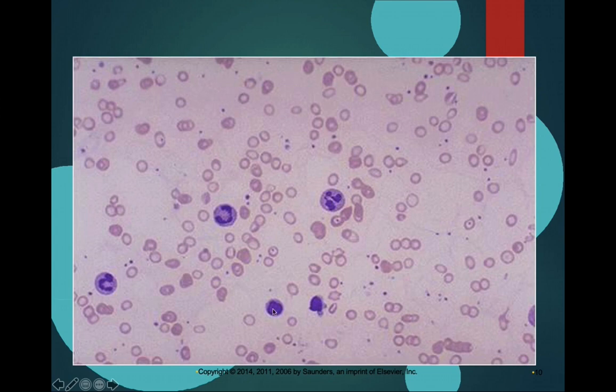This is probably a basophil here. But the others all around are red blood cells, and they're hypochromic microcytic. Everything else around this is plasma, all between. The extracellular matrix is considered plasma.